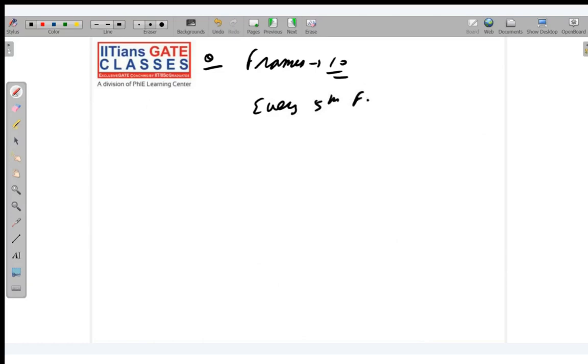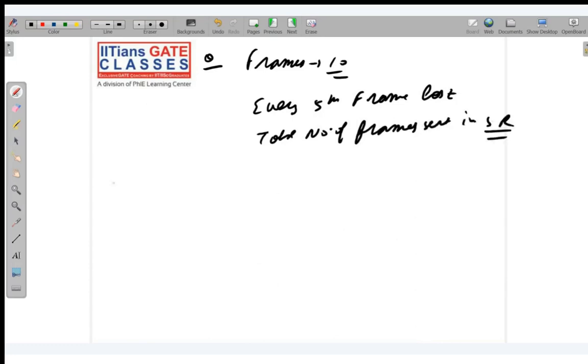So what is the total number of frames sent in SR? In SR, we will say 1, 2, 3, 4, 5. This is lost, so again repeat it. I have told you selective repeat, this is the beauty: only that frame will be retransmitted whose timer expires or which is lost.